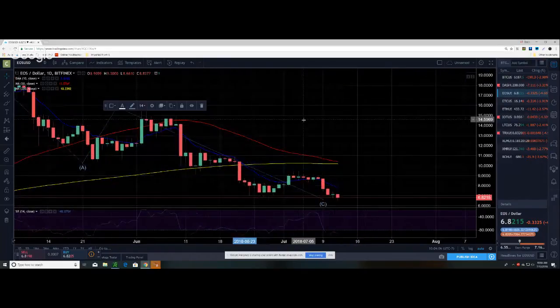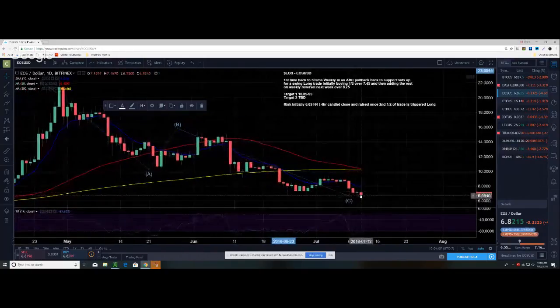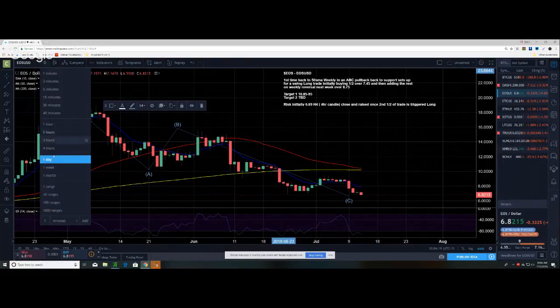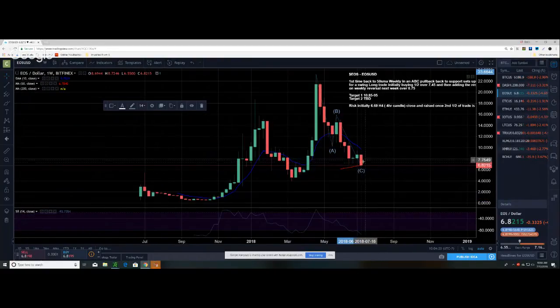Let me make sure I give you the right. Okay, right now that stop would be at 669. It would stay at 669 until I got the weekly reversal. And if I got the weekly reversal, then I would go to the previous week's low. And in this case, we don't know because we haven't got the reversal. That'll happen next week. I'll be using that new week's candle low as a stop on an H4 basis.